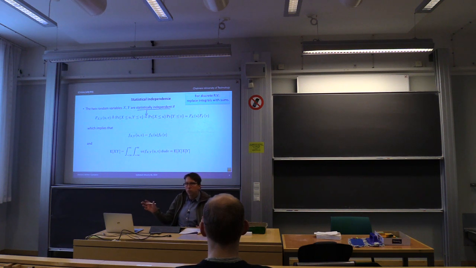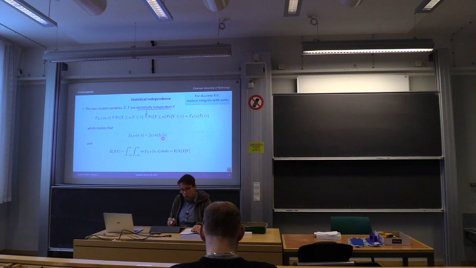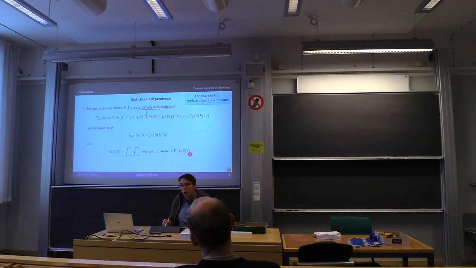The weather in Stockholm is also a random event. These things are unlikely to be related, so we model them as statistically independent. While there are other things which are clearly dependent on each other. Okay, so if we have this property here, then not only do the CDFs factor, but also the corresponding PDFs. And the expected value of the product of two random variables x and y, if they are independent, is the product of the expectations. So it's quite useful.